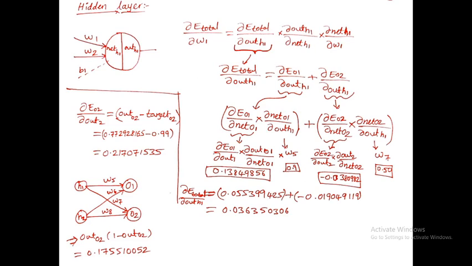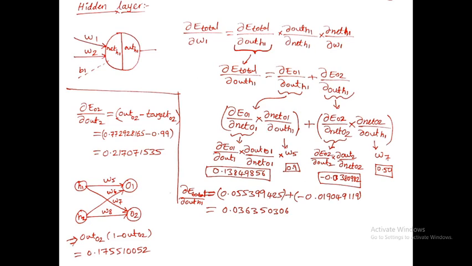∂E_total/∂W1, where E_total is nothing but the total error at the outputs O1 and O2, with respect to W1, can be rewritten as ∂E_total/∂out_H1 into ∂out_H1/∂net_H1, one on another from output to input.